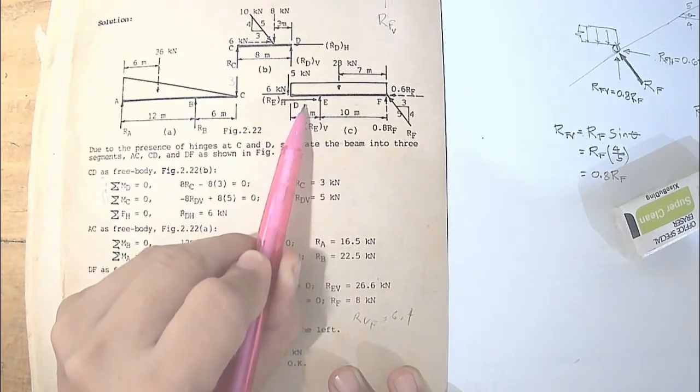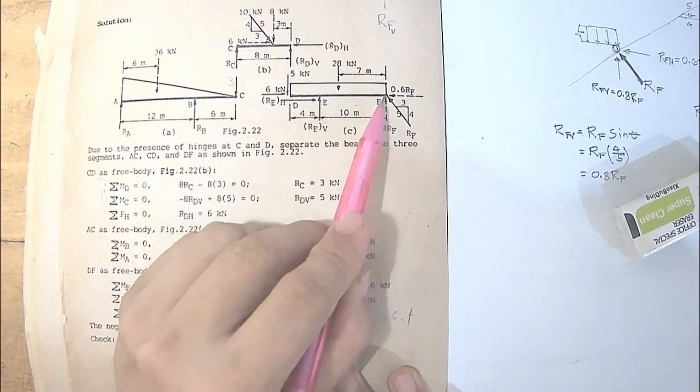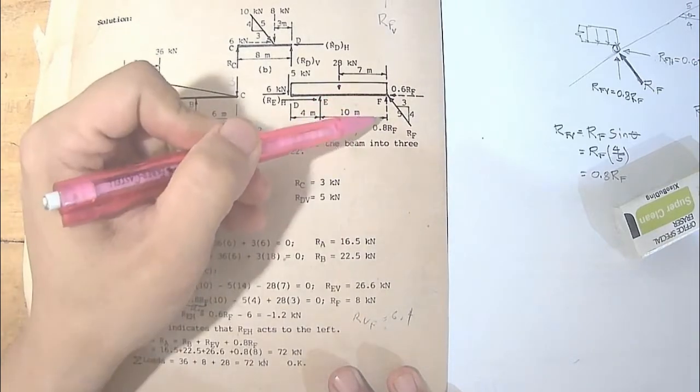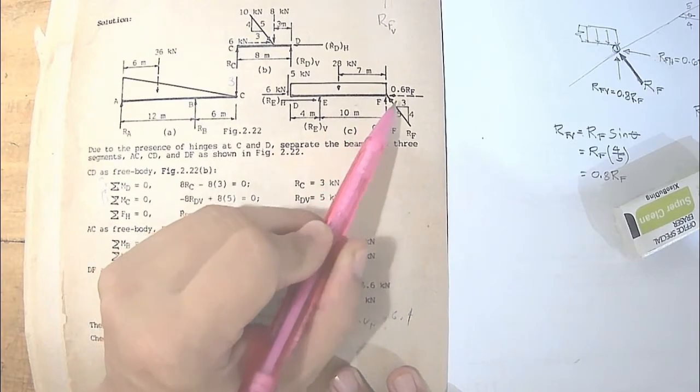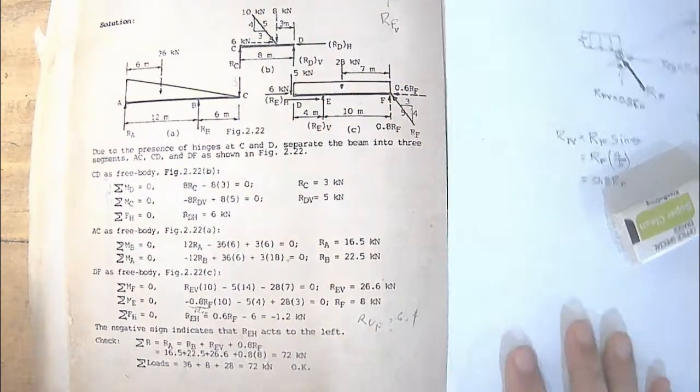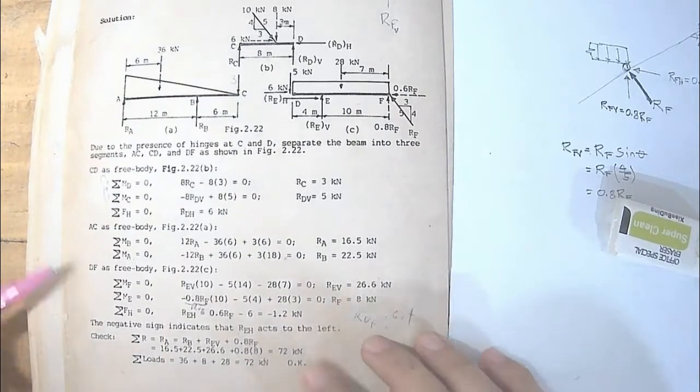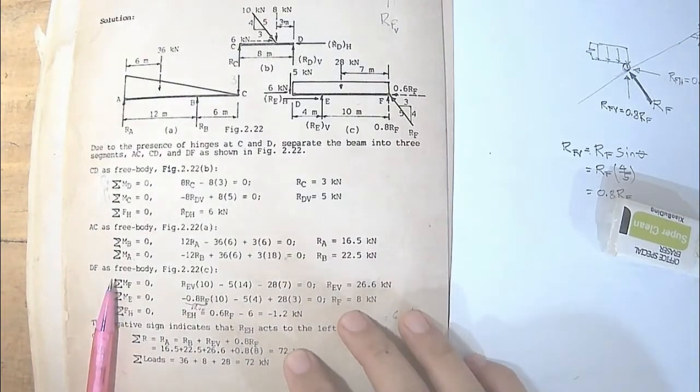And also the reactions at F: the vertical, which is 0.8 RF, and the horizontal reaction at F, which is 0.6 RF. Let's take DF as free body.